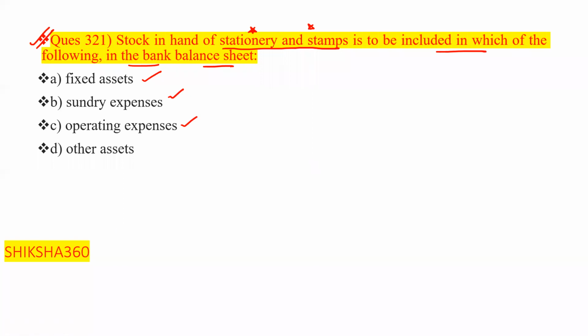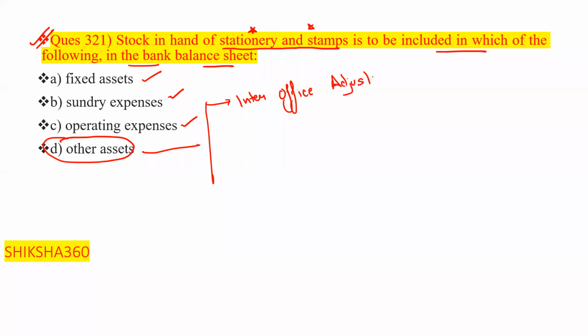So the correct answer here is option D, that is other assets. Under other assets, what are the different things present here? I will write the miscellaneous assets here. First one is inter-office adjustment. Second is interest accrued.